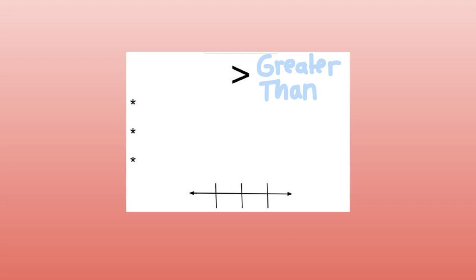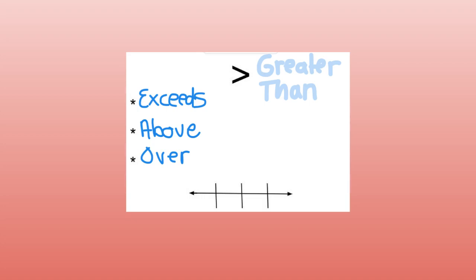You might see the word exceeds. If you see that word, greater than is your symbol. You might see the word above. If you see that word, this is your symbol. Or you might see the word over.